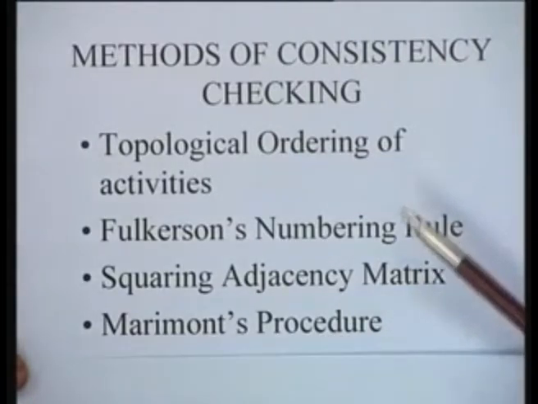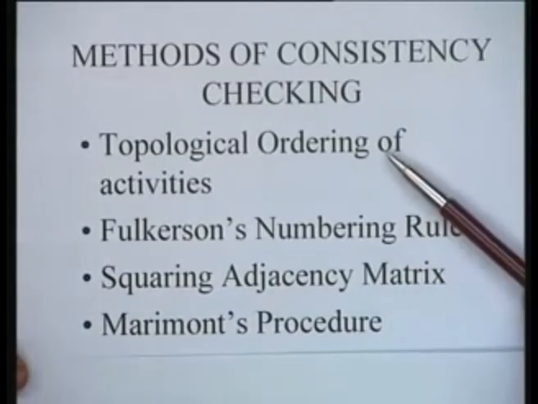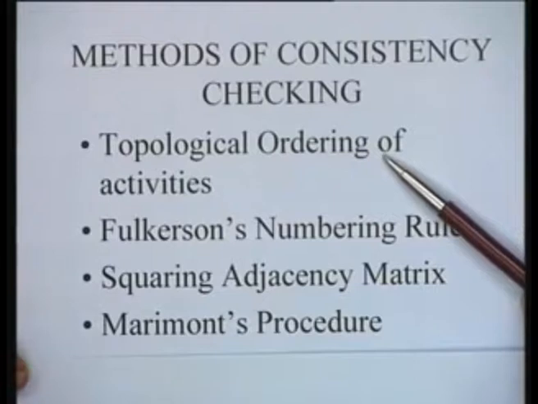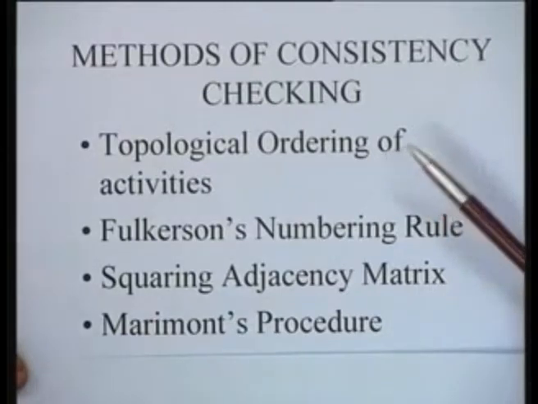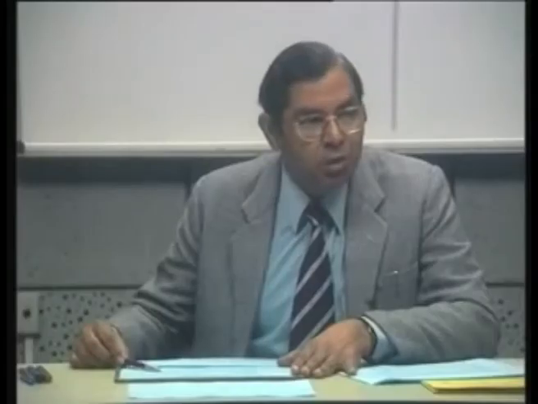Different methods have their different range of applications. For instance, topological ordering is done when you are dealing with activity lists and you are trying to topologically order the jobs. Fulkerson's numbering rule is most suitable when you have drawn the network in an AOA mode or in an AON mode and you are trying to number the nodes in such a manner that this is satisfied.